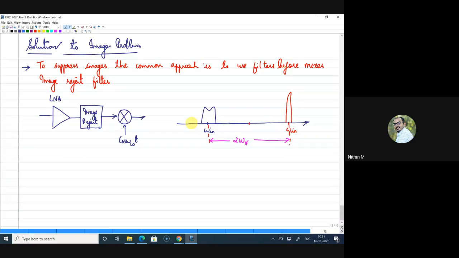We know that the filter Q factor will be high, and practically achieving such sharp cutoff filters is not possible. So at most I can relax the requirements of the filter, and I will not get a sharp cutoff. Then if you want to eliminate the image, what should be the solution at this stage?